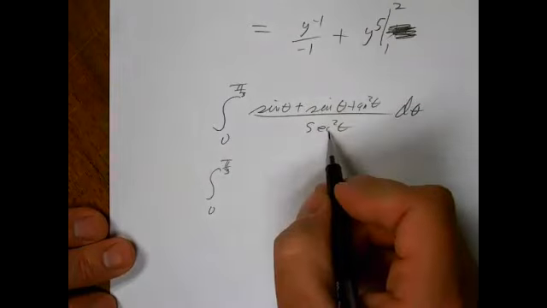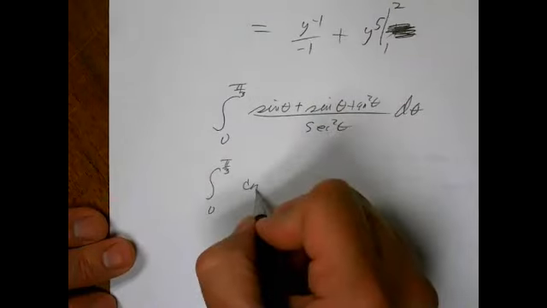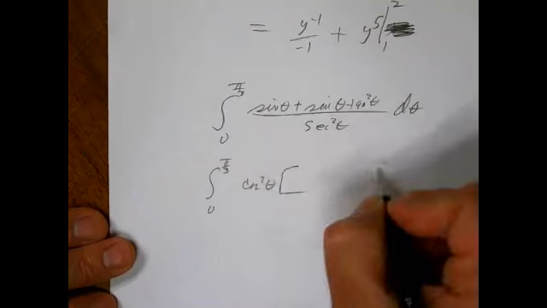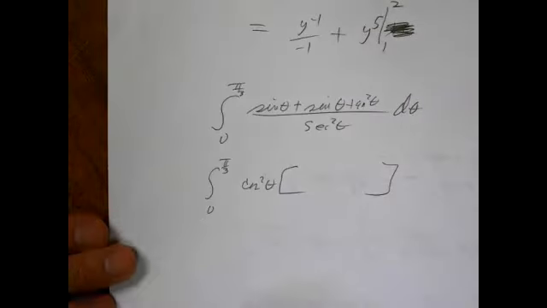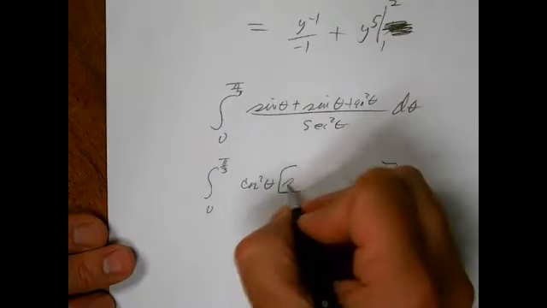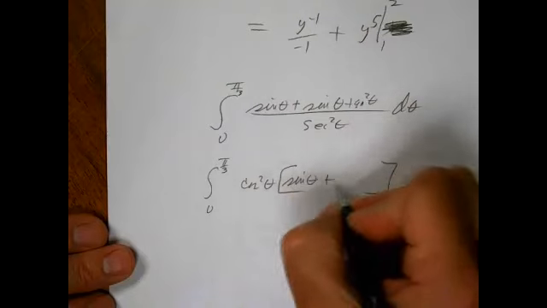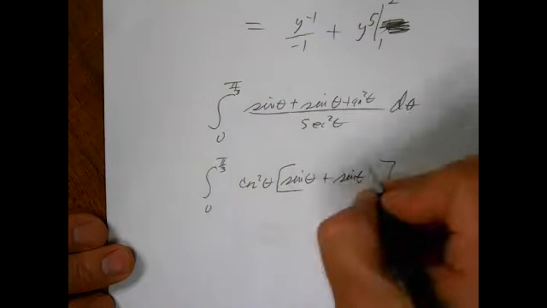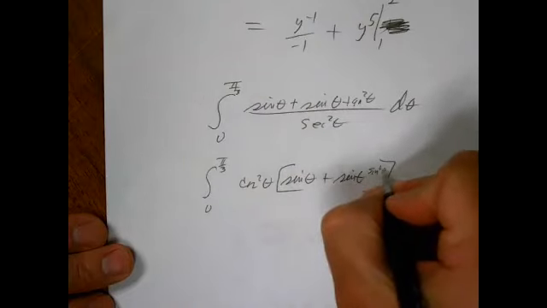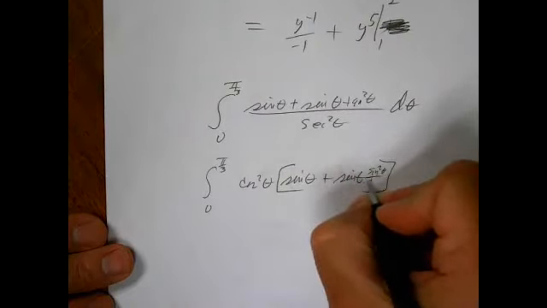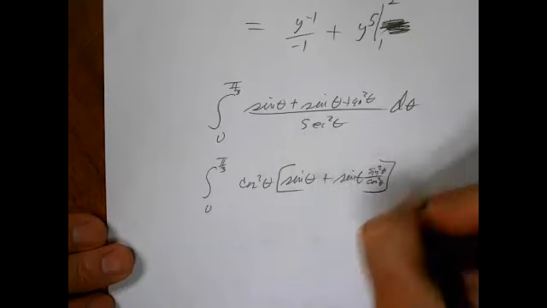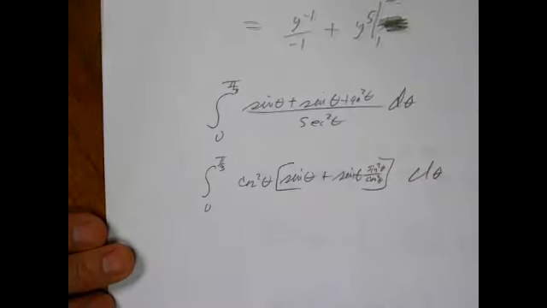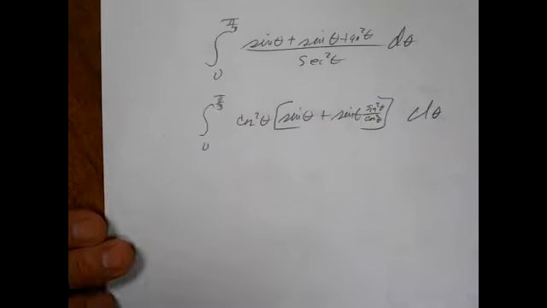So 1 over secant squared becomes cosine squared. So I'll bring it up and multiply by a reciprocal instead of dividing. Tan squared of theta is sine squared theta over cosine squared theta. And again, the d theta says theta is the variable, nothing else is.